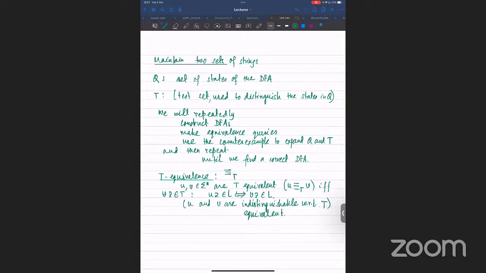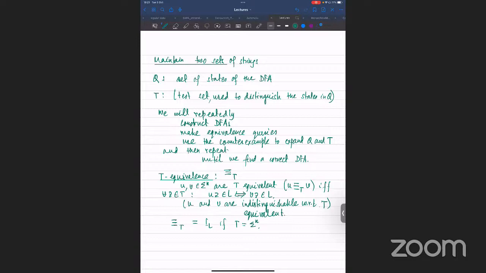Now you note, what is the difference with the indistinguishability relation? If t is sigma star, this becomes the same as IL, the indistinguishability relation IL.